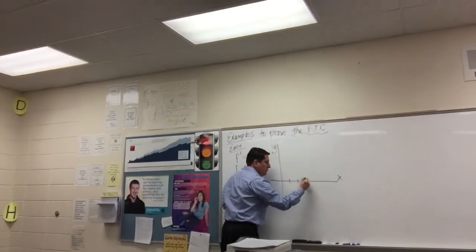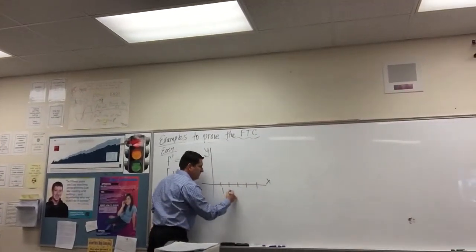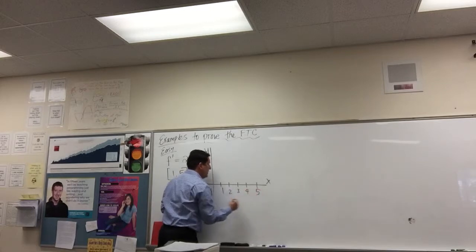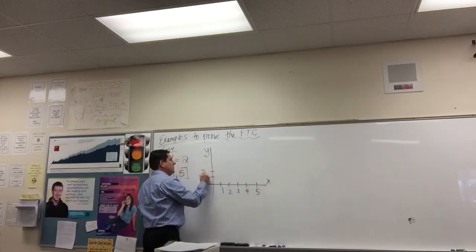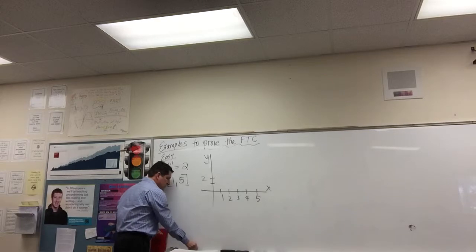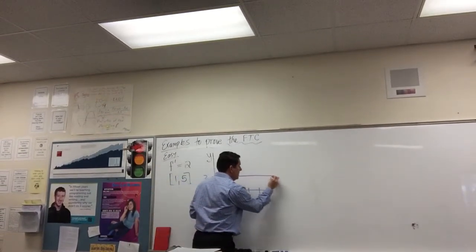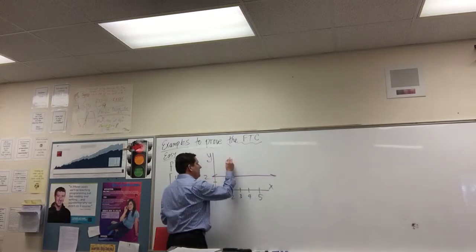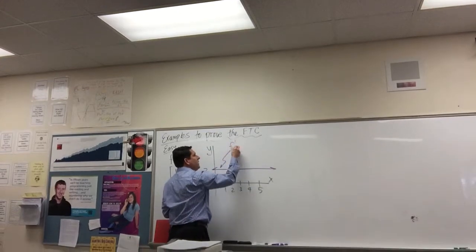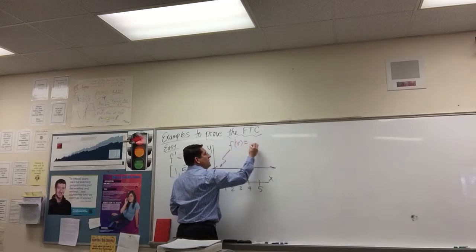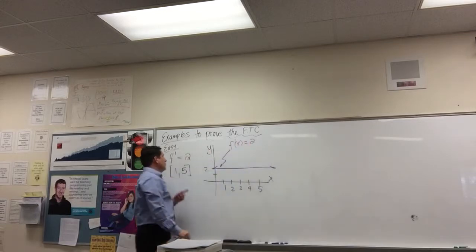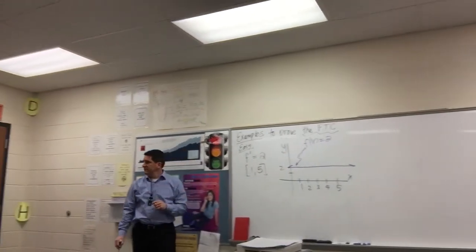So 1, 2, 3, 4, 5, and 1, 2. I'm going to graph f prime. f prime of x is equal to 2. That's what I'm telling you.